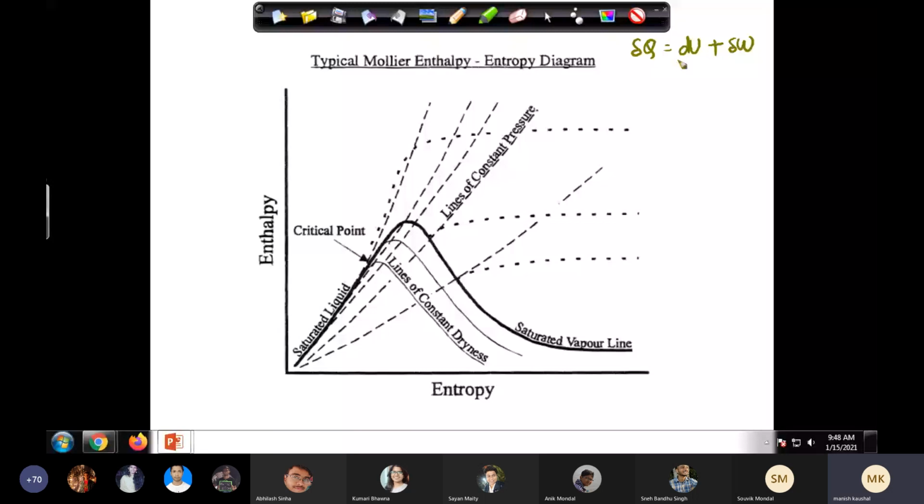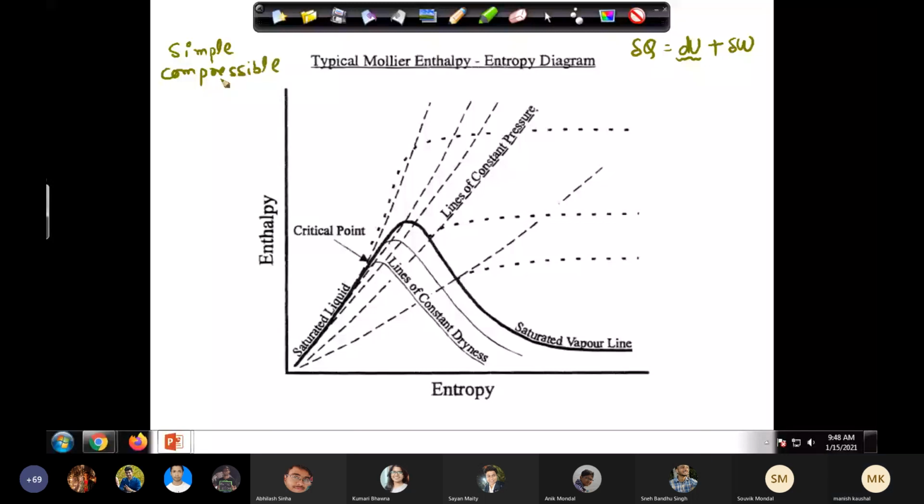Okay. And if we take a simple compressible substance, what does it mean by a simple compressible substance?